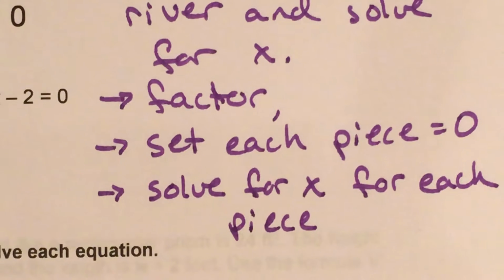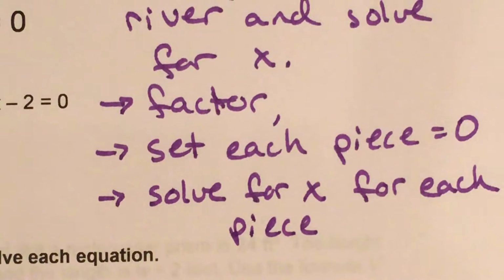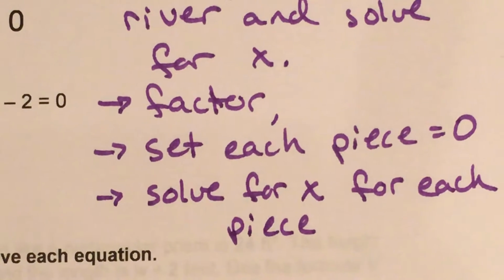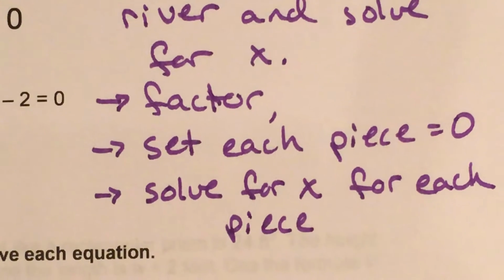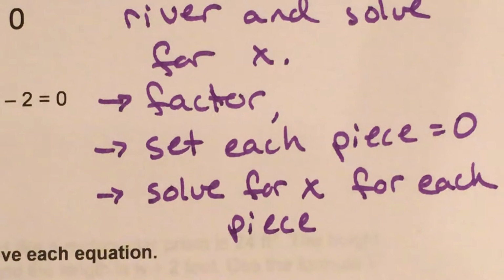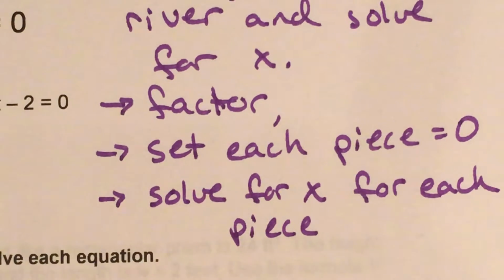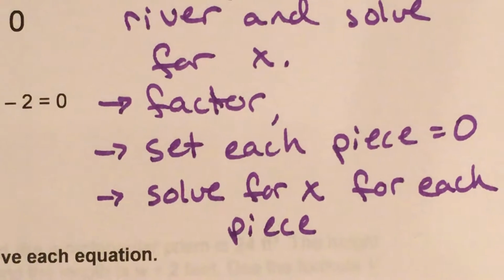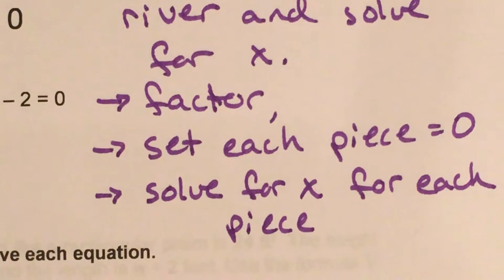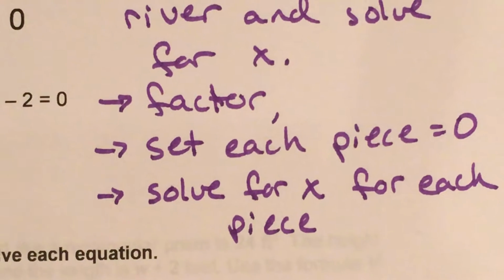We've spent a lot of time factoring, and becoming a master at factoring makes this really easy, very friendly to work through. So hopefully by the end of this lesson, you will have super strengthened your skills in factoring, but also now have a reason to use them when you're looking for the x-intercepts of a quadratic.